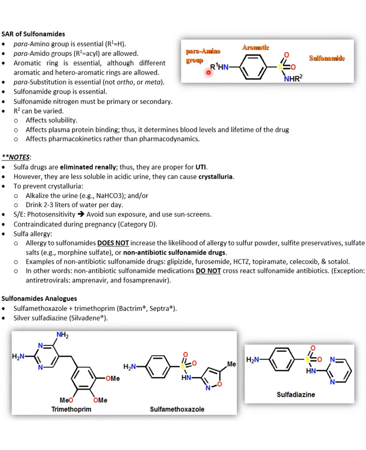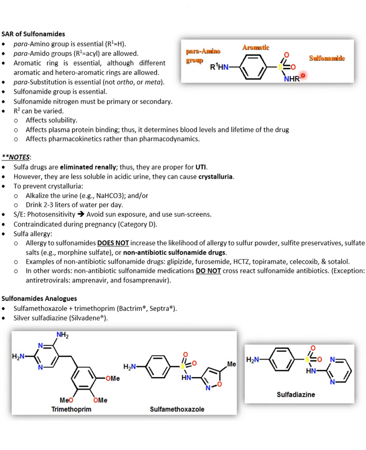There might be one substitution allowed, which is having an acyl group, like an acetyl group at this R1, because an acyl group would immediately be removed with the esterase enzymes, so that shouldn't be a problem.